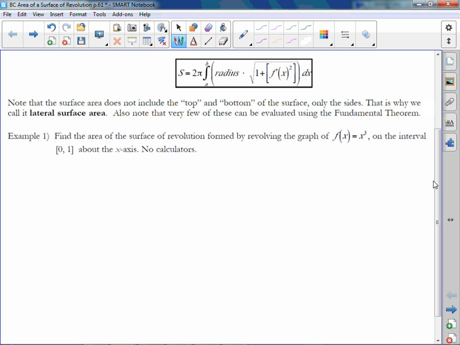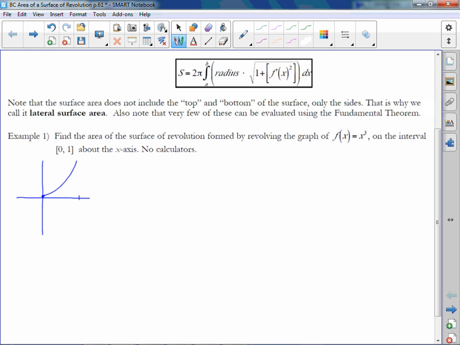If we're looking at example 1, find the area of the surface of revolution formed by revolving the graph of f of x equals x cubed on the interval 0 to 1 about the x-axis. No calculators, it says. So we'll do this by hand, taking x cubed, which does something like that, right at the origin.